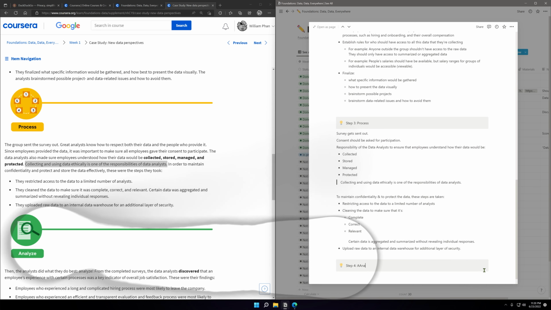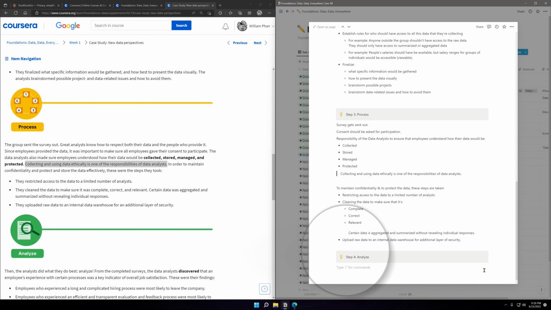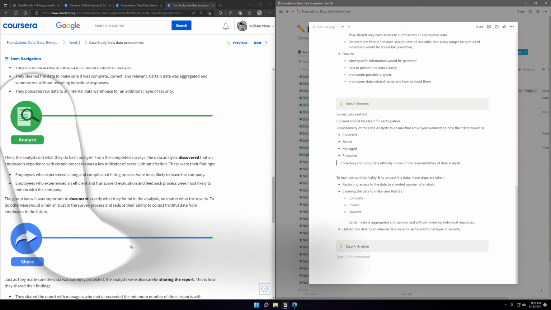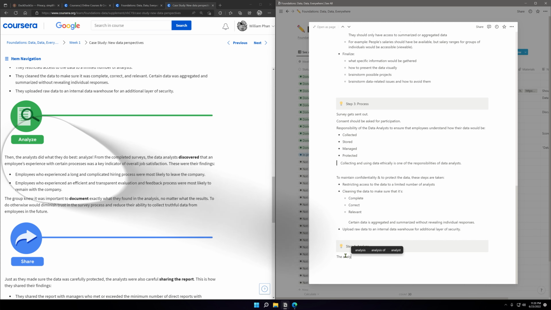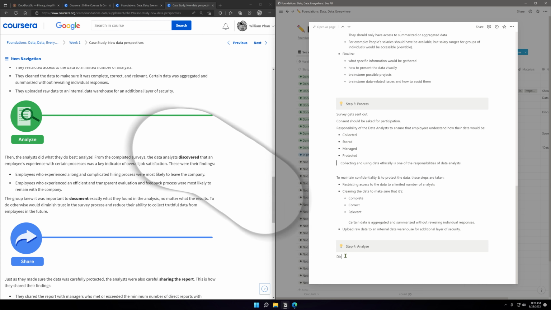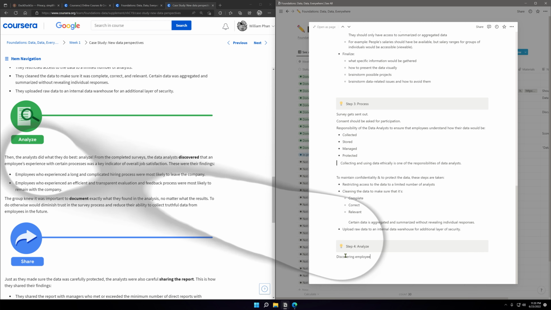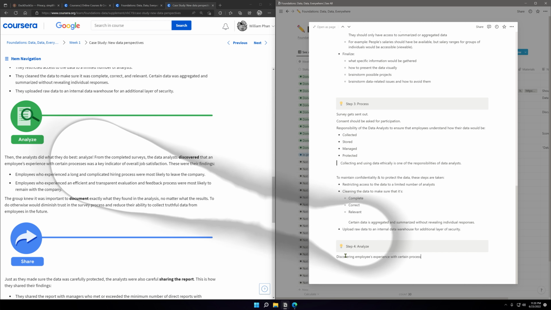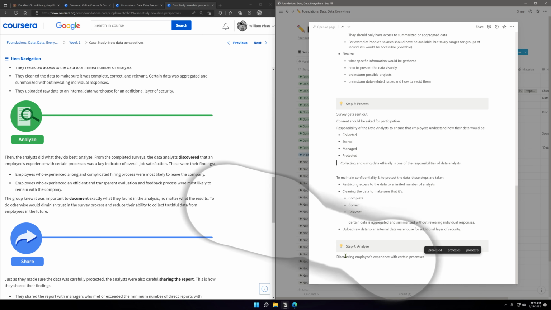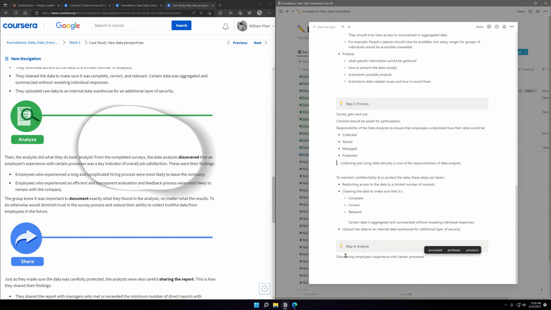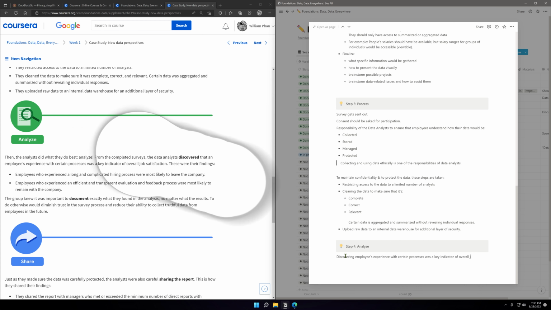Step 4, analyze. Analysis is discovering how experience with certain processes is an indicator of overall job satisfaction.